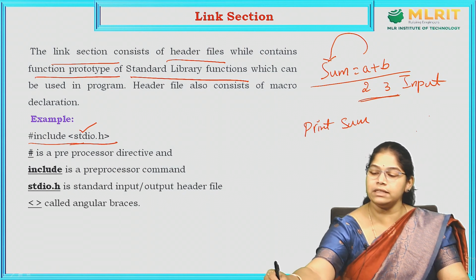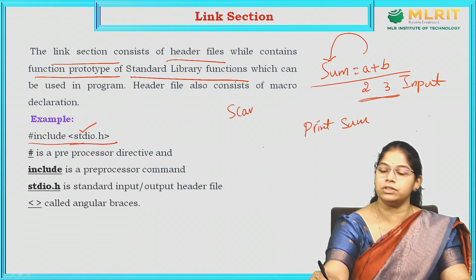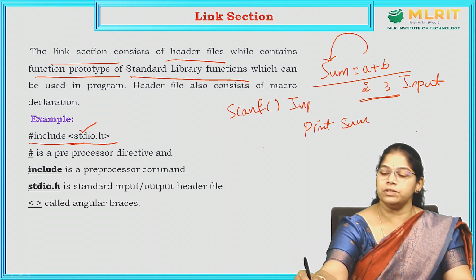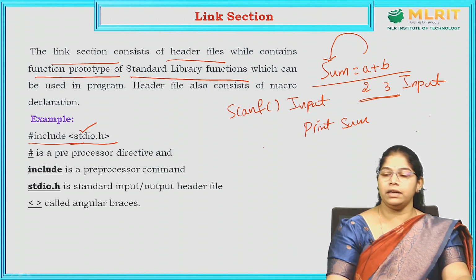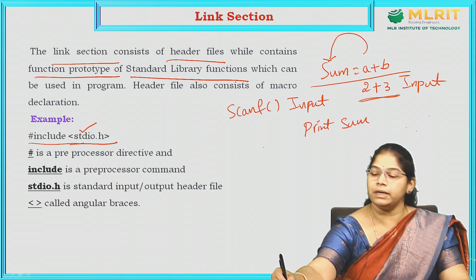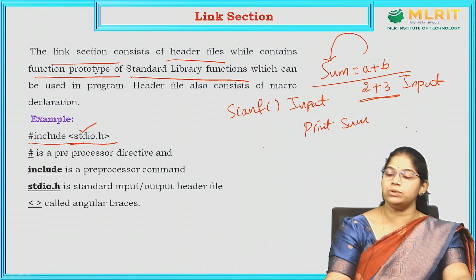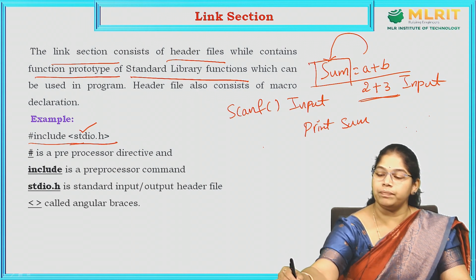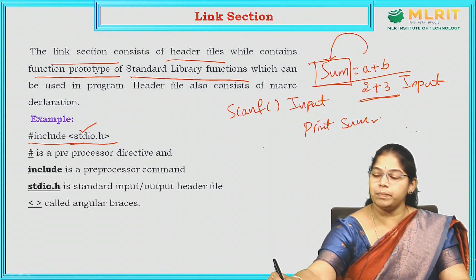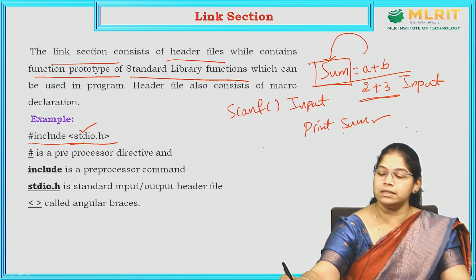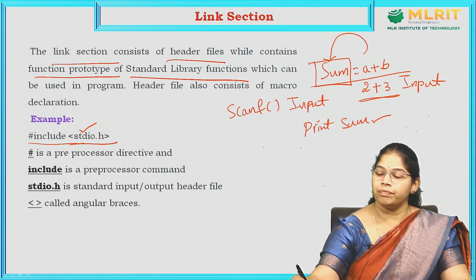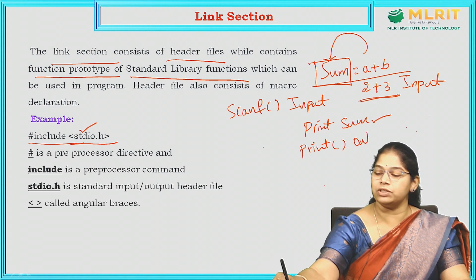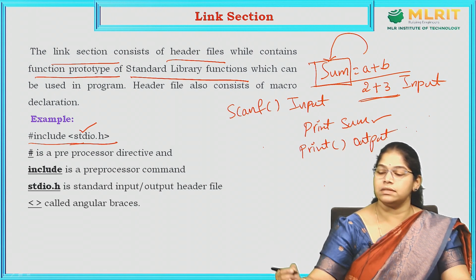To read these inputs, we have to use a function called scanf. That means scanf is the input function. After performing the plus operation between the values 2 and 3, the result is stored in the variable sum, and it has to display sum. Print sum is the output, for which we use the printf function.